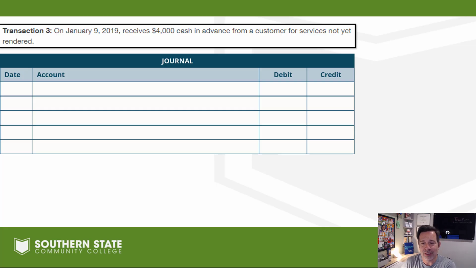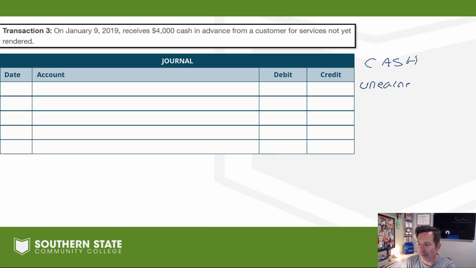On the 3rd, January 9th, we got $4,000 cash in advance from a customer for services not yet rendered. We took their money, haven't done anything for them yet. So money, cash is coming in the door. Cash account is in play. When we take a customer's money, but we haven't done anything for them yet, we have unearned revenue.